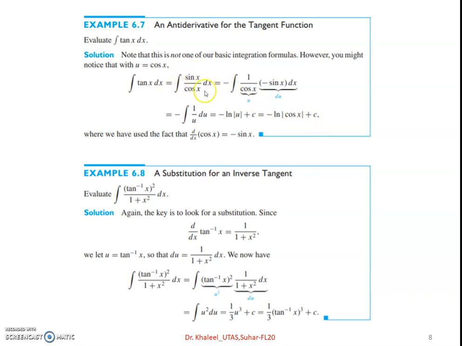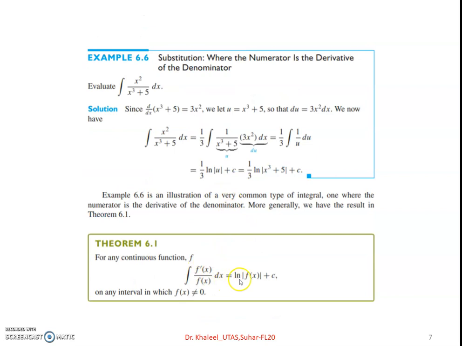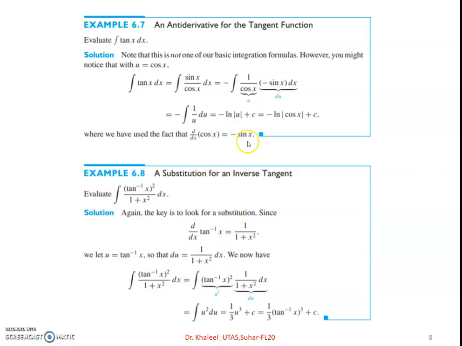But if you closely look at this, sin x is the derivative of cos x, and you need one minus, I take minus. So therefore directly I can use this formula, and then I write this answer. Even by substitution also you can do it here. The same theorem is used here.